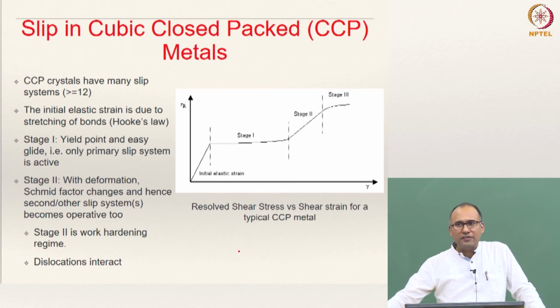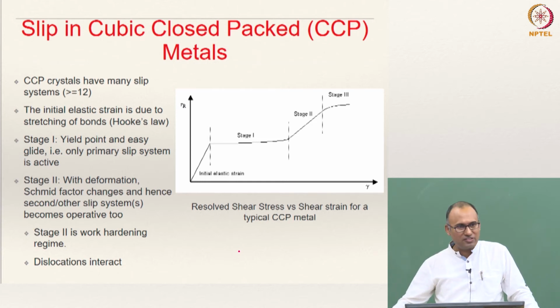However, in FCC the 12 slip systems are primary slip systems. In BCC you have 12, 12 and 24, right? The first 12, that is 110 plane and 111 direction. It is the other way around compared to FCC. In FCC the closed pack plane is 111 and closed pack direction is 110.